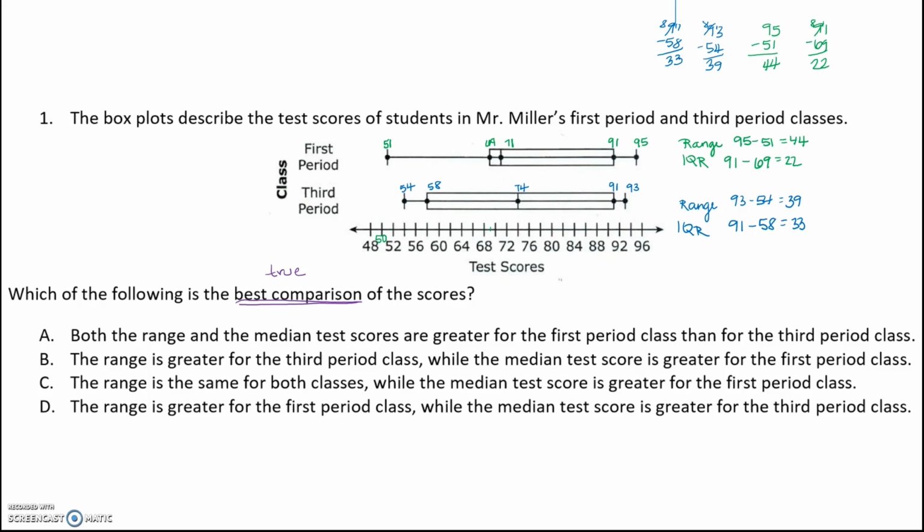B says the range is greater for the third period class, while the median test score is greater for the first period class. C says the range is the same for both classes, while the median test score is greater for the first period class. And D says the range is greater for the first period class, while the median is greater for the third period class. So you're on your own to solve it.